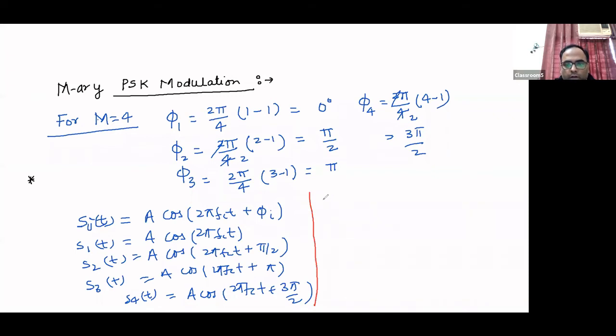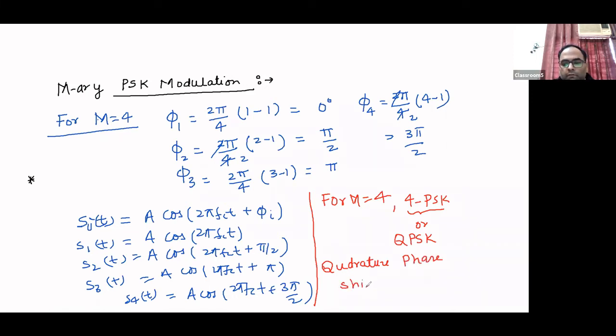For M is equal to 4, you can say that it is a 4 PSK, or the popular name is QPSK, which is known as quadrature phase shift keying.